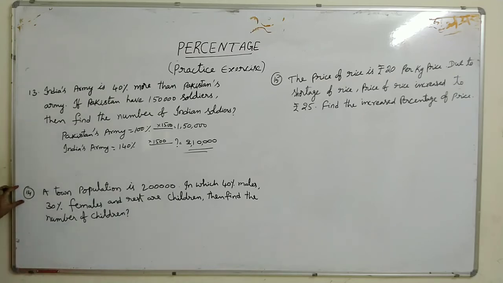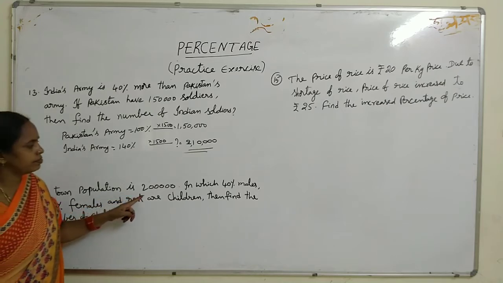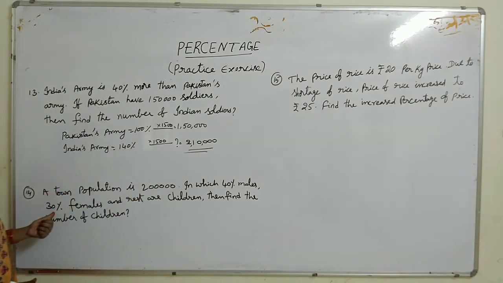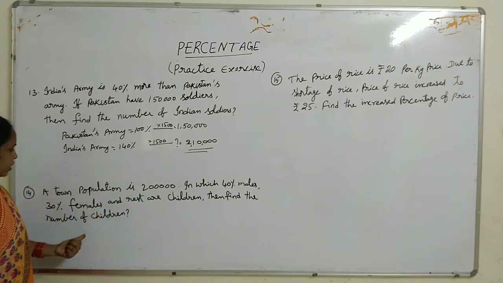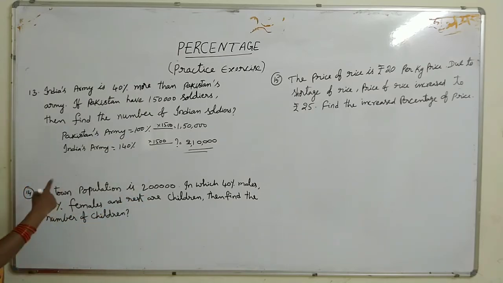Next, question number 14. A town's population is 2 lakhs, in which 40% are male, 30% females, and the rest are children. Then find the number of children. So total population is equal to 100%.